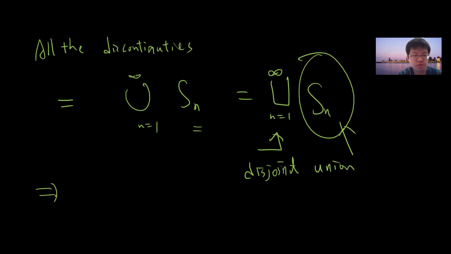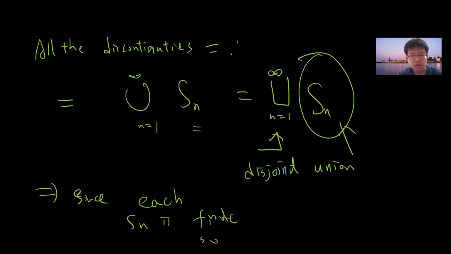So since each Sn is finite, this set D of discontinuities is at most countable. So we proved that given a, b, if f is defined on the interval (a, b) and is monotone, then the discontinuity set is at most countable.